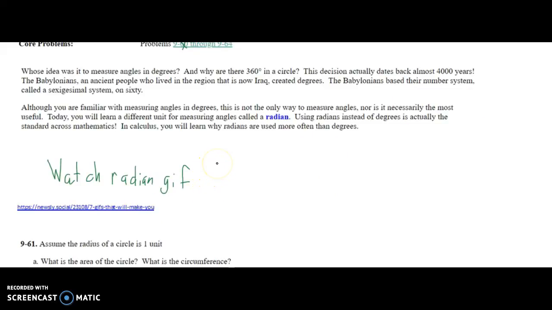So we have used degrees, but that's not the only way to measure and look at circles. What we're going to mainly look at today is what we call radians.